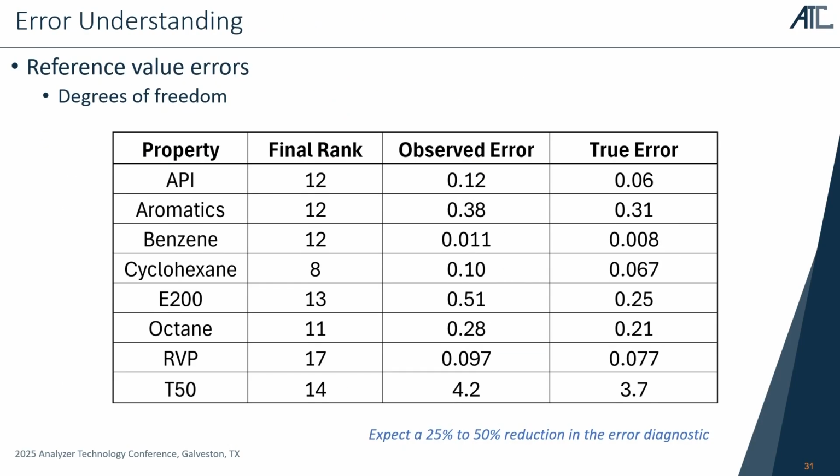And here's what it means in a typical oil refinery. So we have just a series of samples that were there, what the final number of PLS factors were for this particular set, what the observed error and what the total true error were after the corrections. You can see basically 25 to 50% reduction in error.